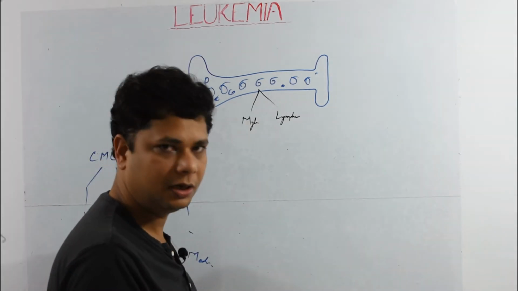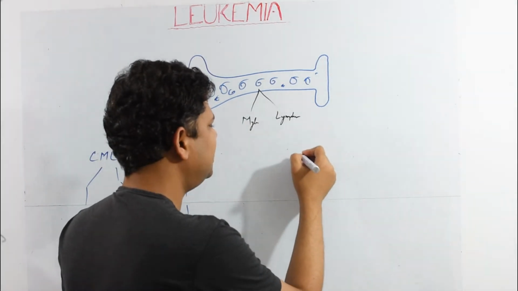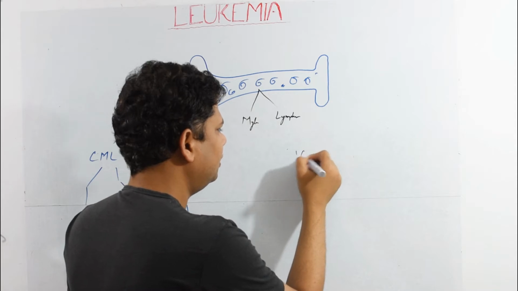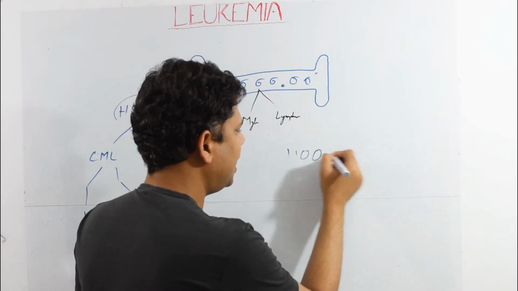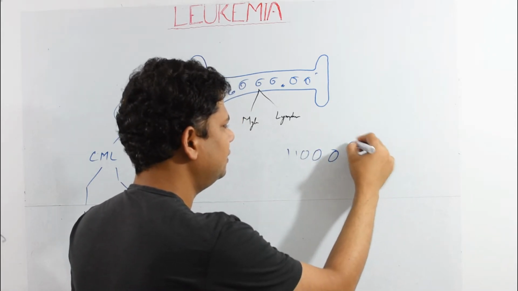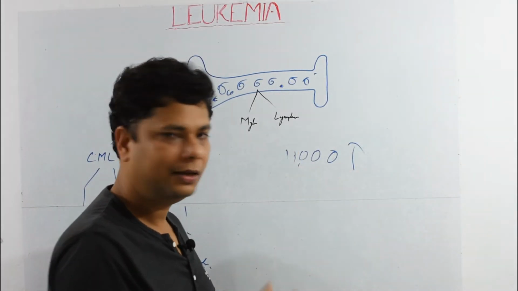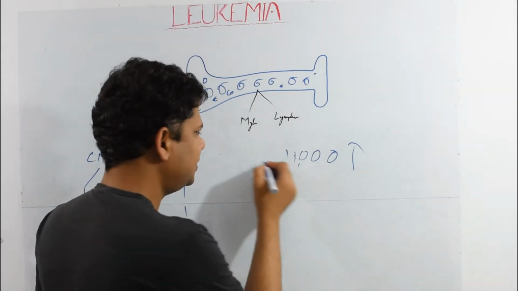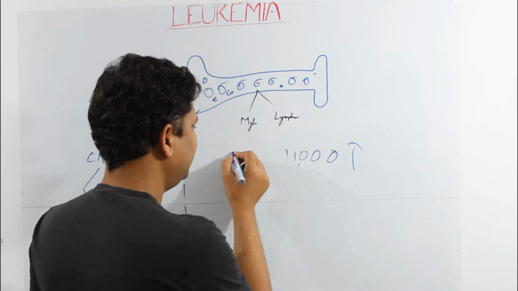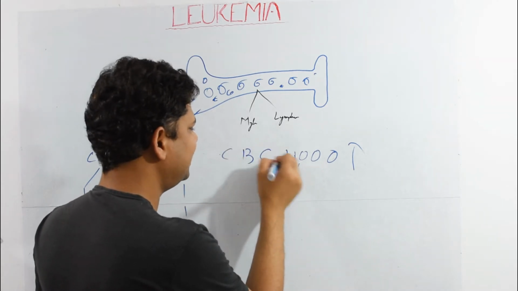From the complete blood count, if it is found that the number of leukocytes is highly increased, more than 11,000, there is a chance that it is leukemia. So this is from the CBC.